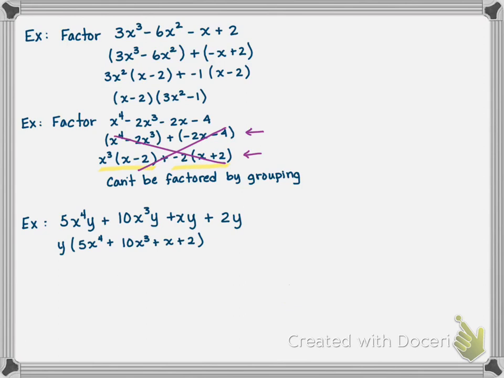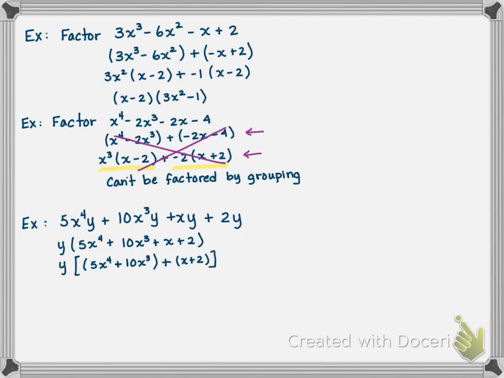So my y is going to hang on for the ride. And then I'm going to group: 5x to the 4th plus 10x to the 3rd, addition between my groups, and then x plus 2.